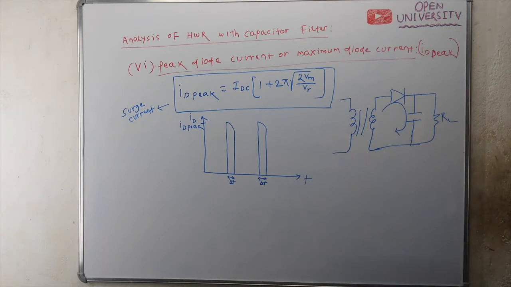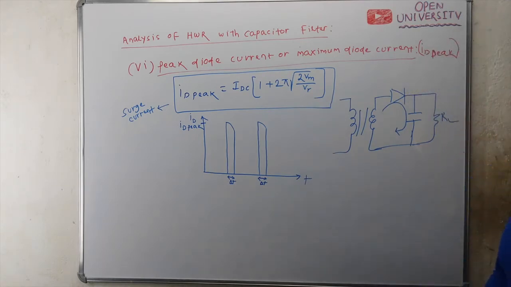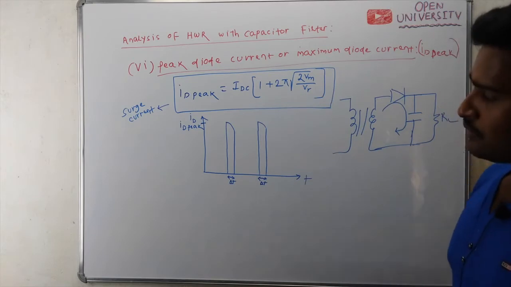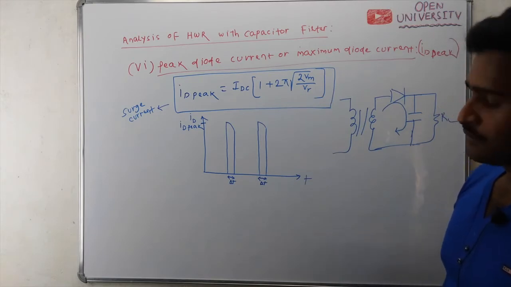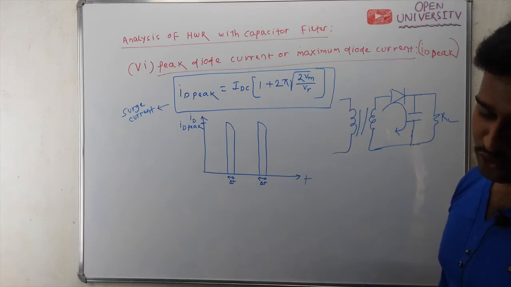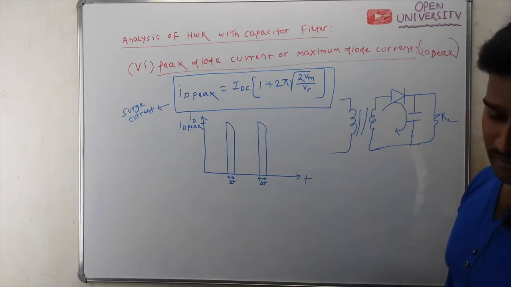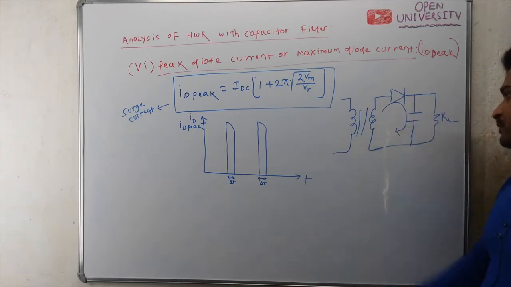So write down one point. When diode begins conduction, capacitor starts charging through the diode by drawing a heavy current through the diode.